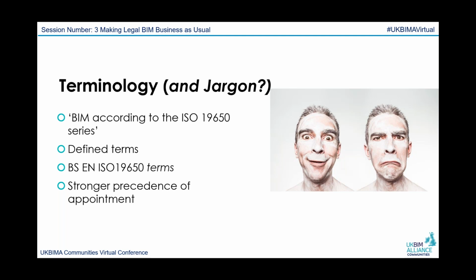You will find that there is a terminology and definition section, and some of the explanations go beyond what is contained in the ISO. The reason for that is this is a contractual legal document, so some of the things need a bit more meat on the bones to work from a legal perspective.